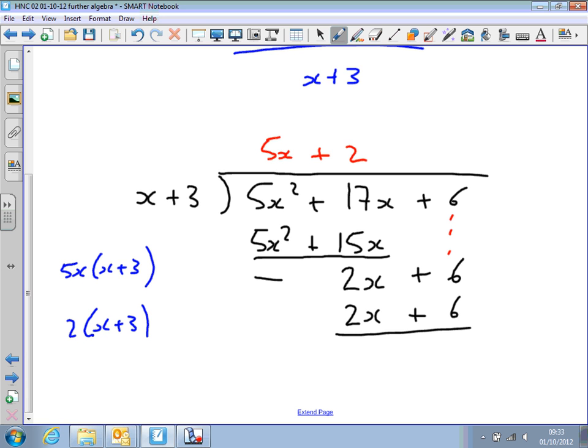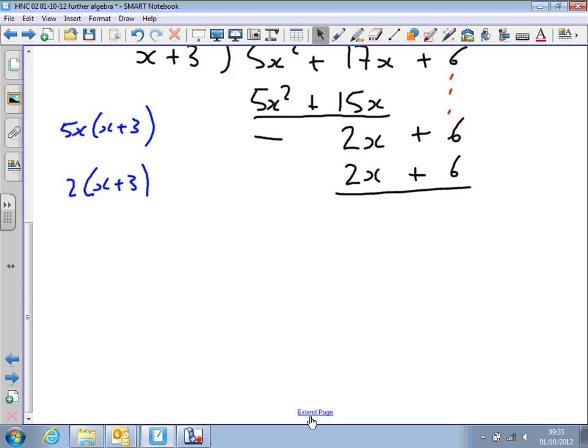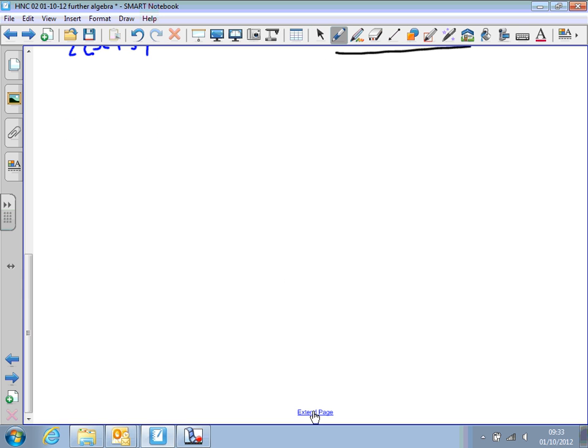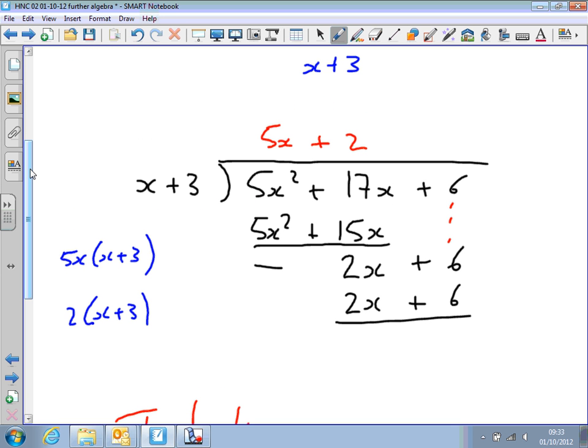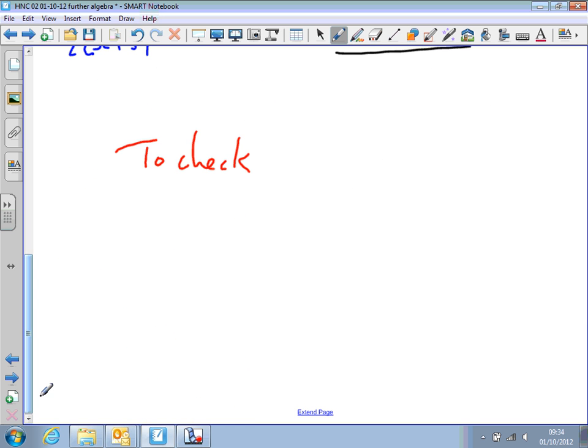And we find, as I've engineered it to do, that in this particular case there's no remainder. So it goes exactly. Now, as a check, I should find that 5x plus 2 times x plus 3 gets me back to the dividend. In theory, shouldn't I? So what is x plus 3 times 5x plus 2?